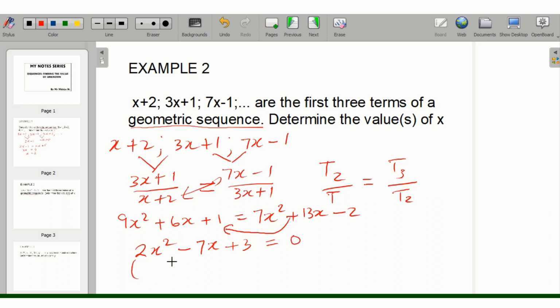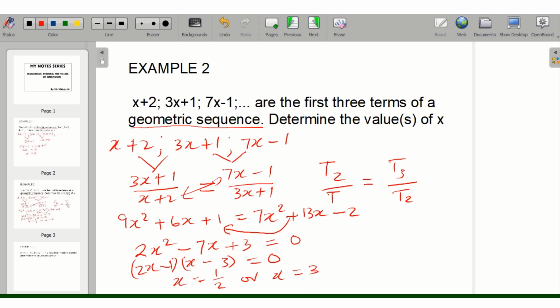And then once you are here, you factorize. This is 2x, this is x, this is 3, this is 1. Because we have a positive here, so we must have the same signs. So that will say x equals 1 over 2 or x equals positive 3.